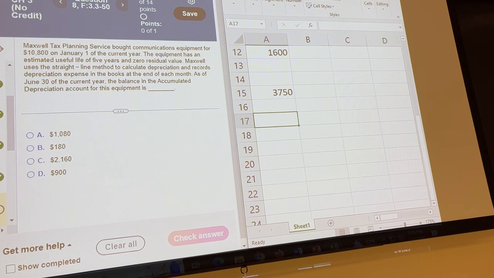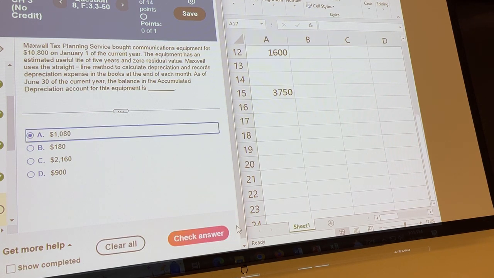As of June 30th of the current year, the balance in the accumulated depreciation account for the equipment is... so it would be a 5-year life, but only half of a year has gone by. So the accumulated depreciation would be 1/10 of what they bought it for. So it would be $1,080.